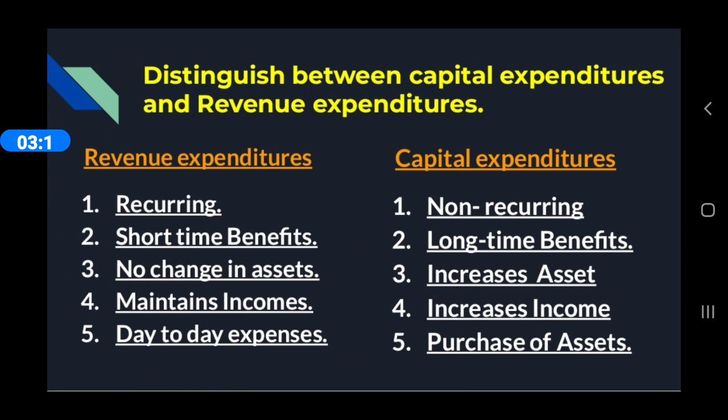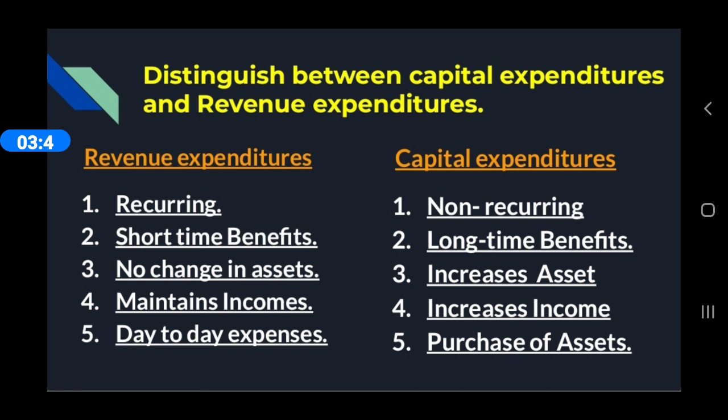If you are paying rent, that is for 1 month. Salary means 1 month. So recurring expenditures benefit for a short time, 1 month or 1 year, not more than 1 year. But the benefit of capital expenditure goes beyond 1 year. Examples are the purchase of building, furniture and machinery. Such items are called capital expenditure.